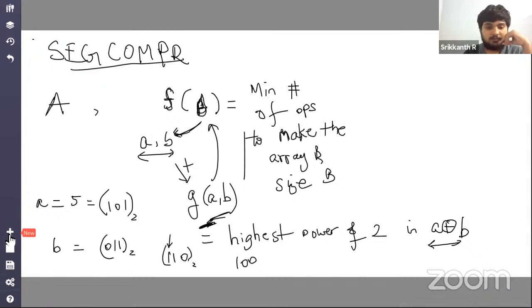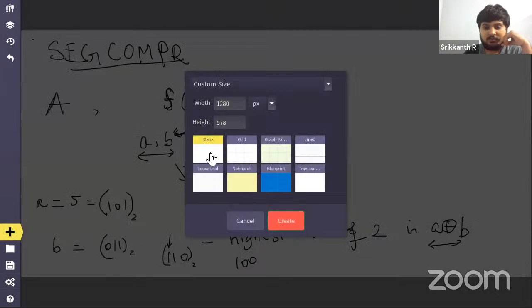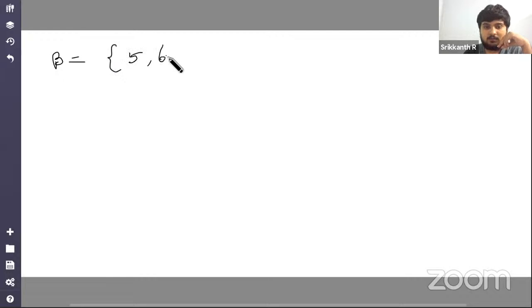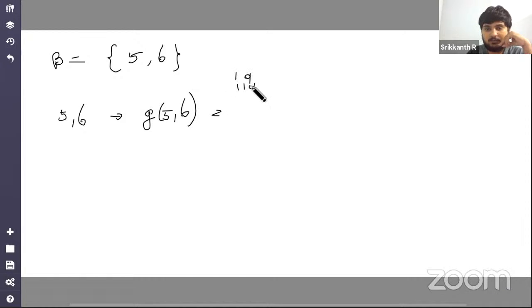Let me just give another example so we can understand. Suppose we have an array B to be, say, 5, 6. In one operation, we can take two elements. There are only two elements, so we take 5 and 6, and find g of 5, 6, which is 2.